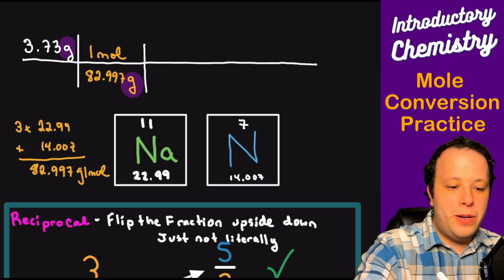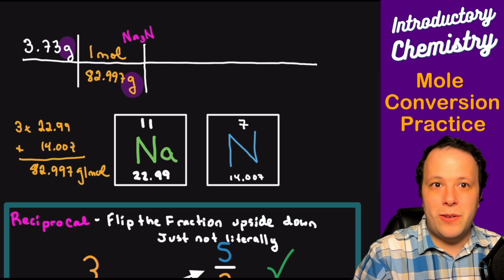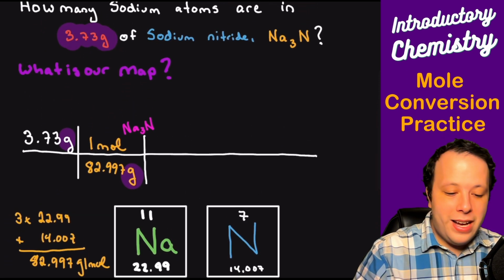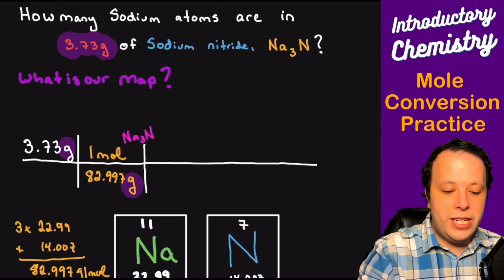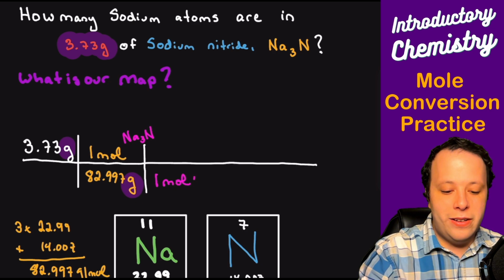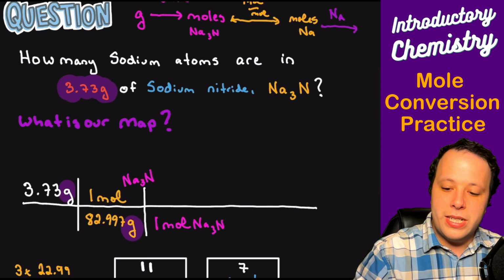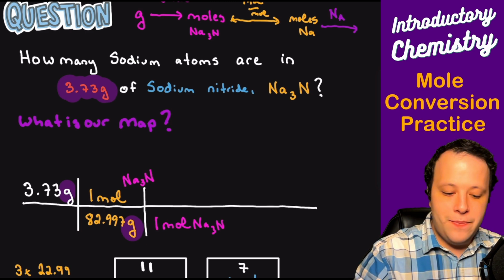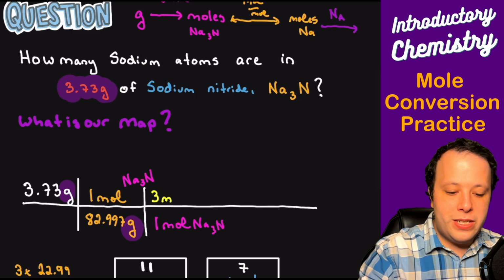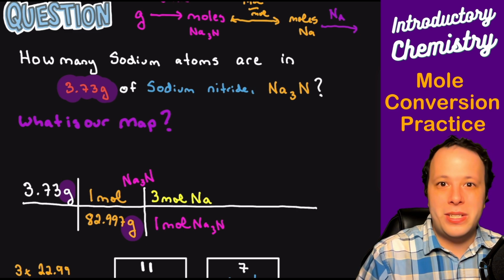One thing we want to make sure of is that we keep track of all of our different molecules, because we are trying to get to moles of sodium. So our next step was the mole to mole conversion to get to sodium atoms, which is that for every 1 mole of sodium nitride, I have 3 moles of sodium.